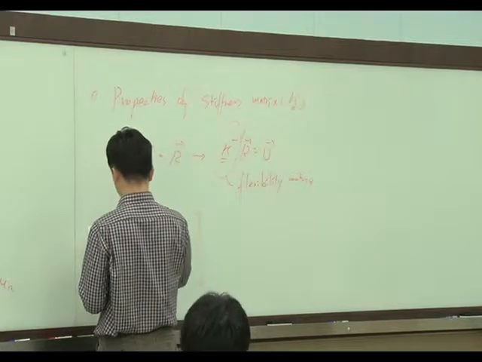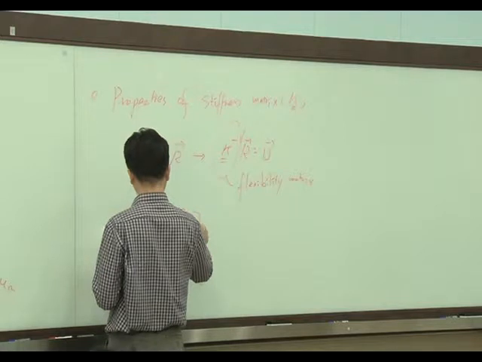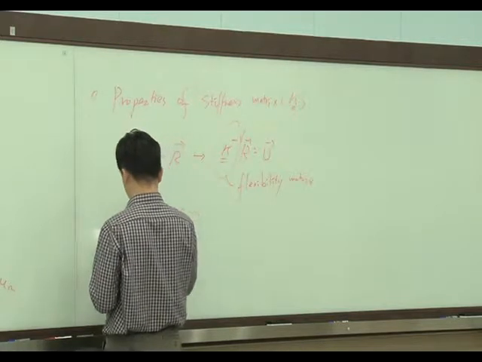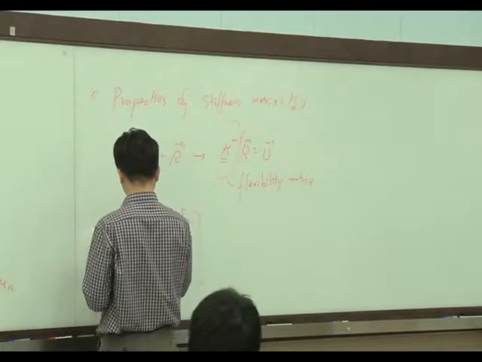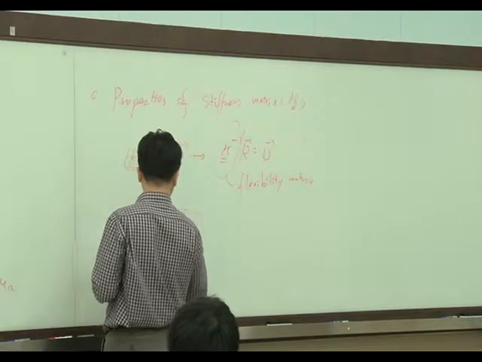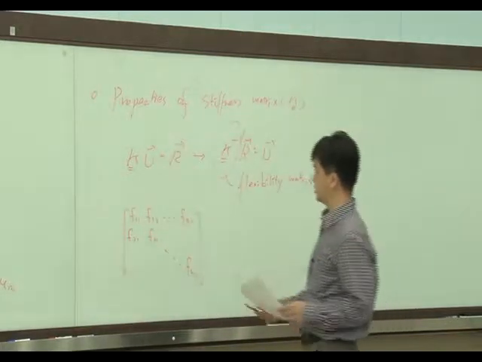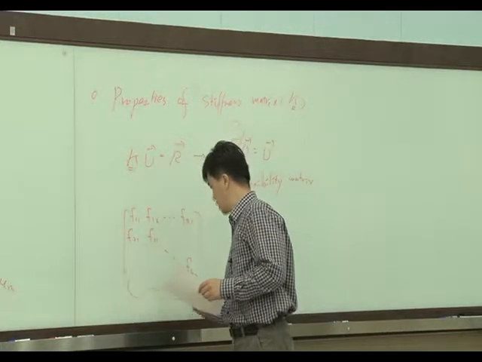And let's consider the flexibility here. It has F11, F12, Fn1, F21, F22, something like that, Fnn. This is a flexibility matrix. Let's say this is K inverse.